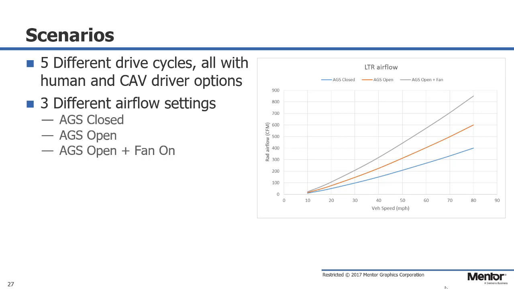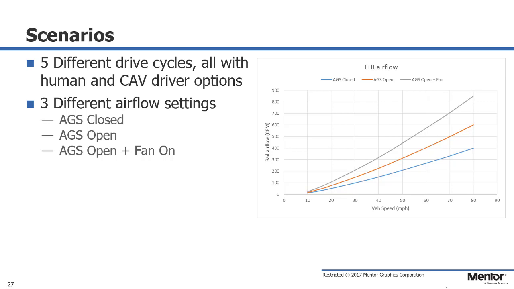The next option is if we're not getting enough airflow, we can open the AGS and get more flow. The final option is if that's still not enough, we can keep the AGS open and then turn the fan on, which will give us our maximum amount of flow rate. It is important to note here on the right-hand side that all of these flow rates are based on vehicle speed, so you're generating that ram air.